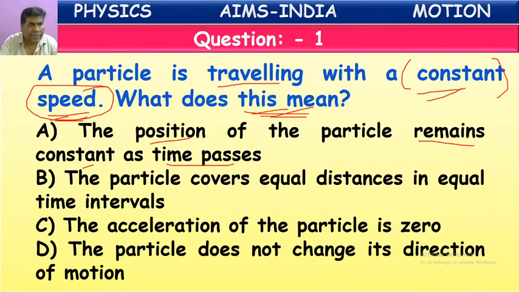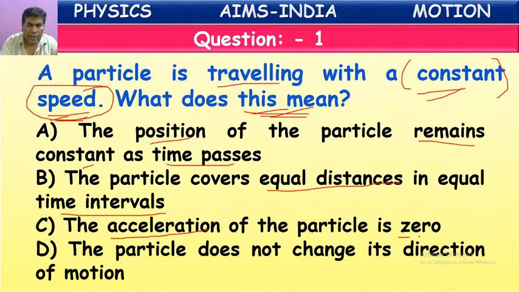What does it mean? Time is changing, but the position of the body is not changing. Next, the particle covers equal distances in equal time intervals. That is the second option.